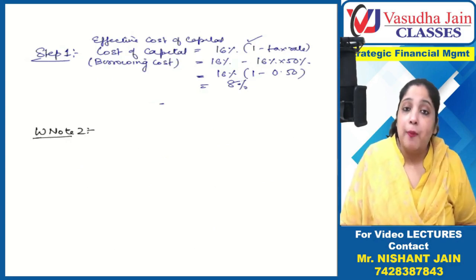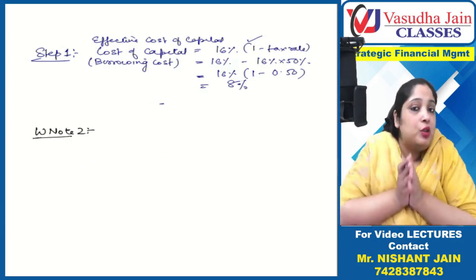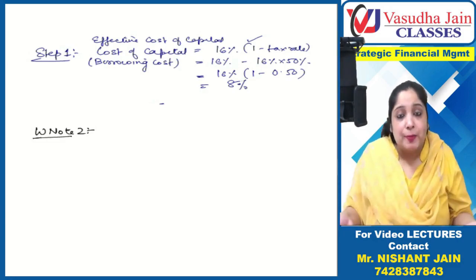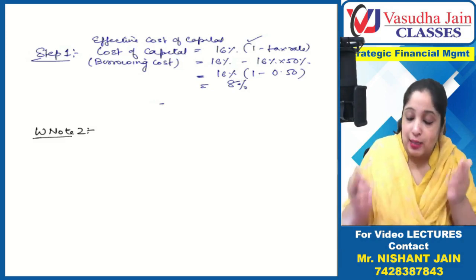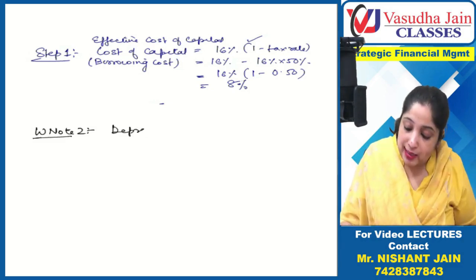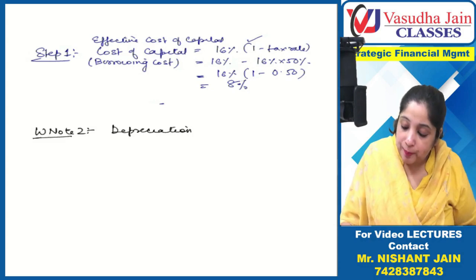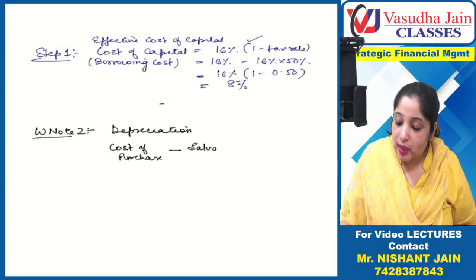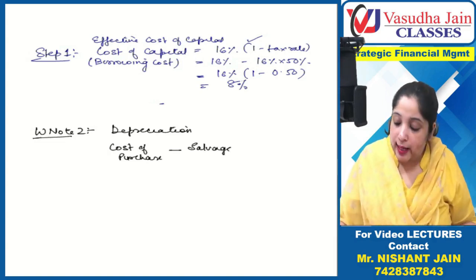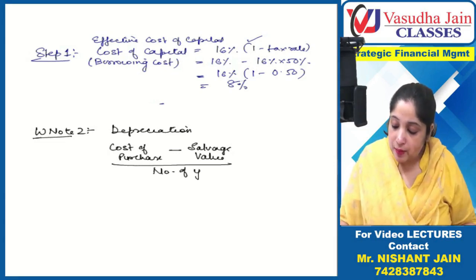Let us compute the amount of depreciation. Depreciation itself is not an outflow, but it is an expense which we can show in the P&L and save our tax. The computation is very simple: cost of purchase less any salvage value that you don't want to depreciate in the end, upon the number of years.